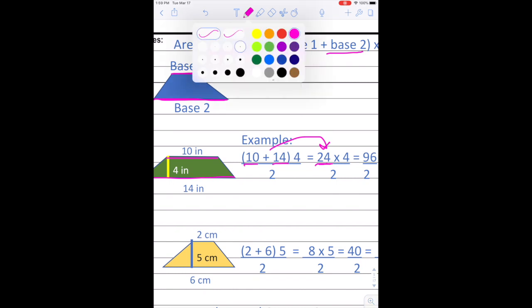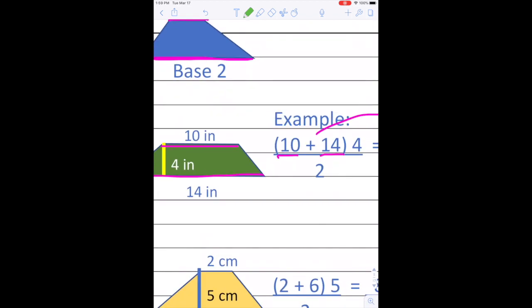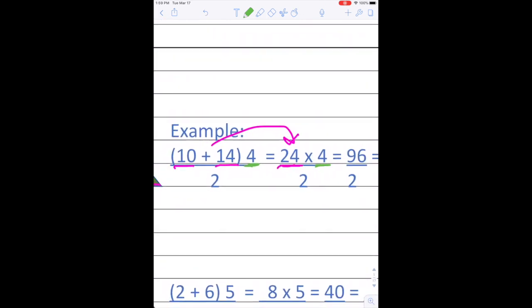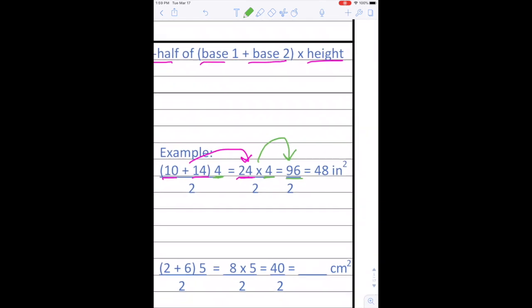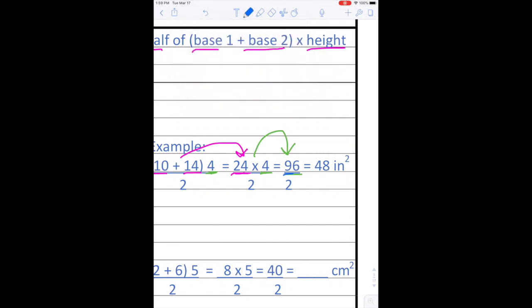Now I need to take those and multiply by the height. So again, there's my height of 4. And when I have 24 times 4, I get 96. Don't forget though that we still need to divide by 2.